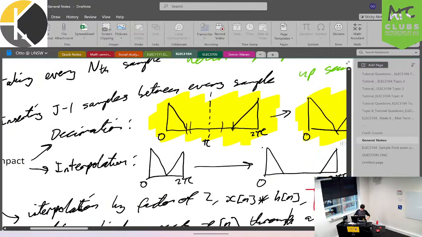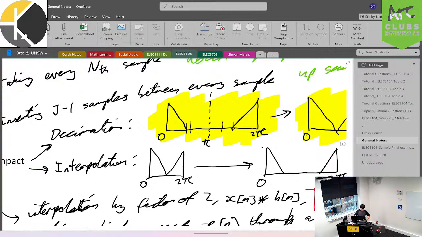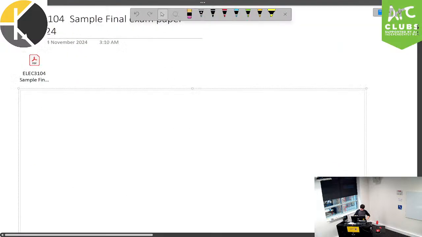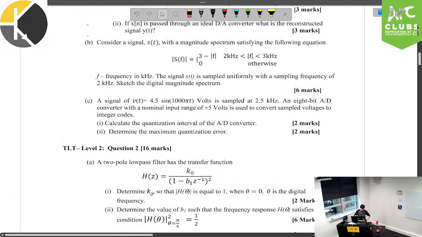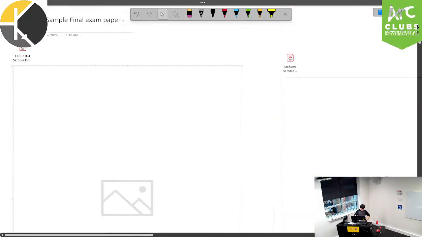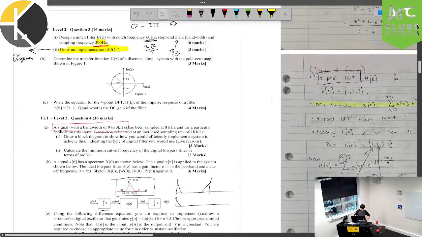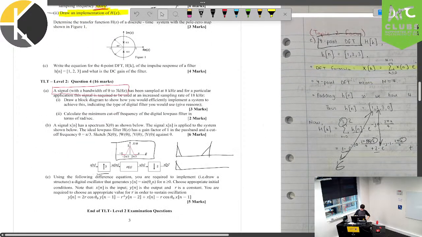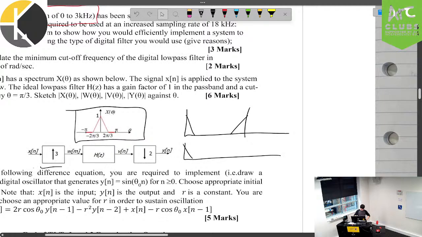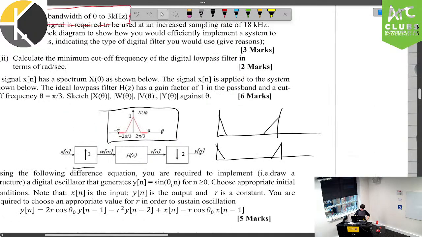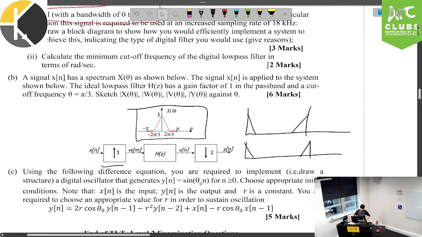Interpolation should push them further apart, and so the cat ears will be extended further apart. All right. Next up, we'd go ahead and apply the low-pass filter between 0 and pi on 3.